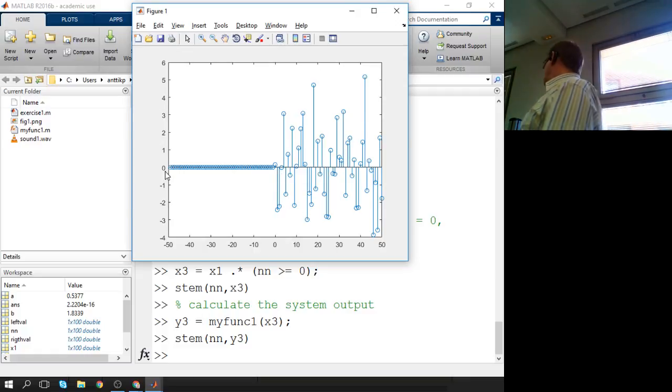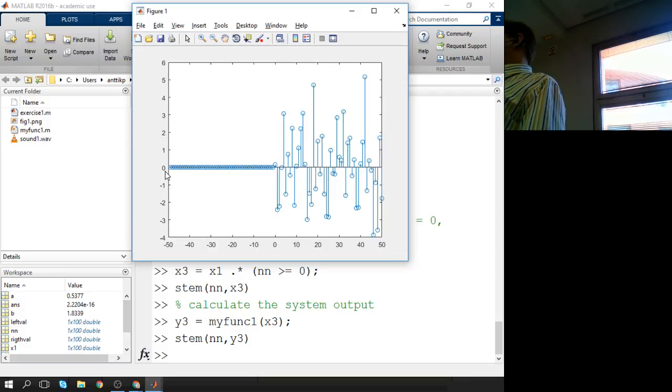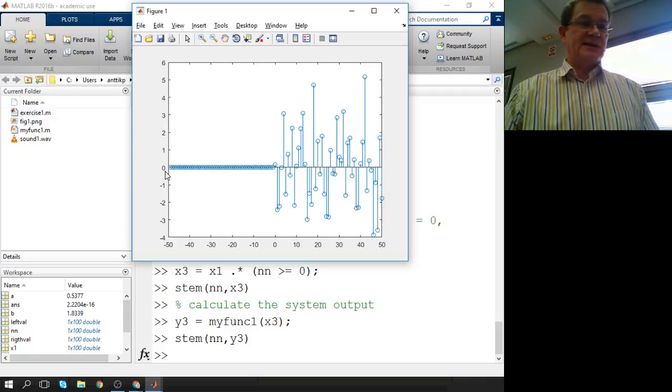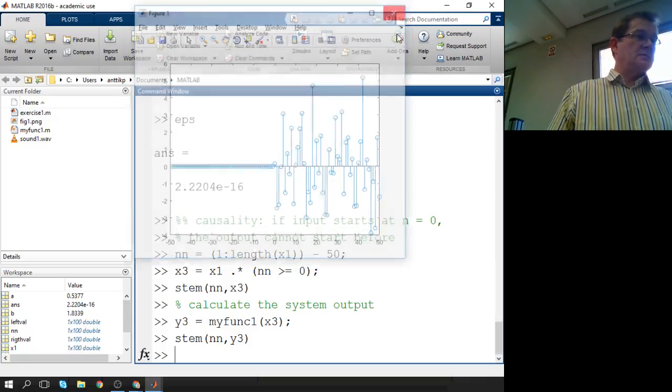But since I'm not sure yet, of course I cannot be sure. I can actually calculate if that vector length is 0, meaning the norm of those values where n is negative, the norm is 0.